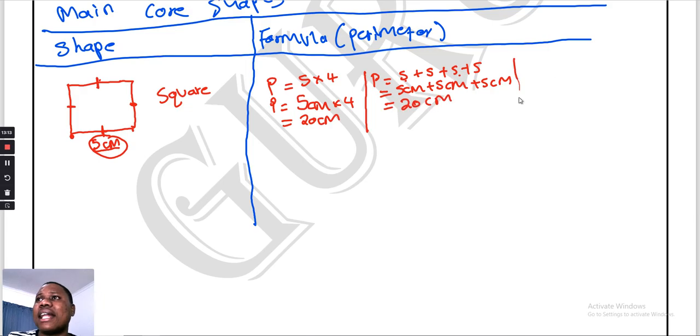Then there can be another person who says a perimeter of a square, but let me not give this example. Let me end with these 2 examples.